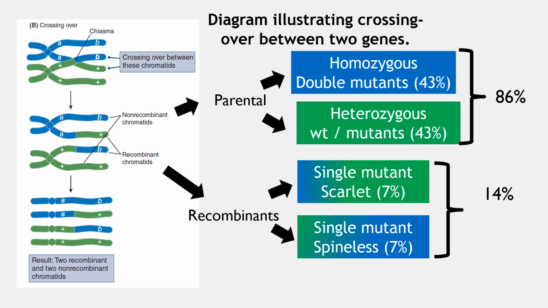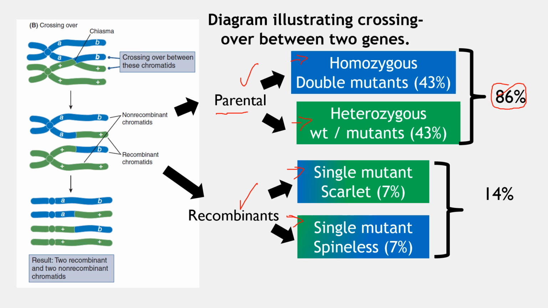Now, in conclusion, we already have the parentals and the recombinants, and this was what we were expecting. These are each one of those, and now we know not only the genotypes but also the proportions. So for the parentals, the proportion was 86% of the flies.